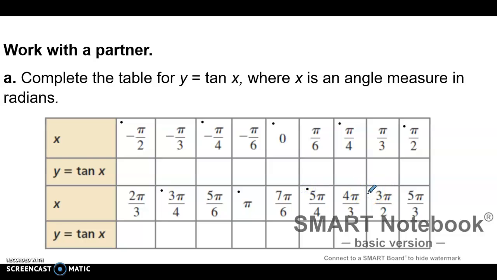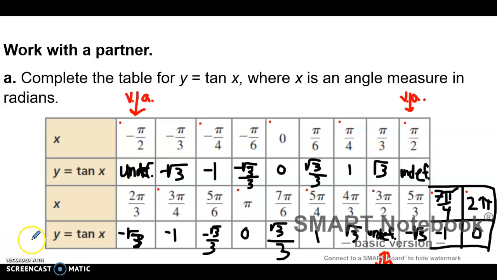Grab a calculator and fill them out. And you get this. So the tangent of negative pi over 2 is undefined. And remember, you should have your calculator in radian mode because we're doing it in terms of radians, because it has that pi in there.